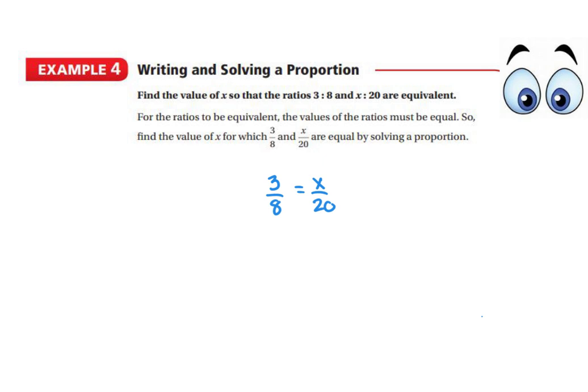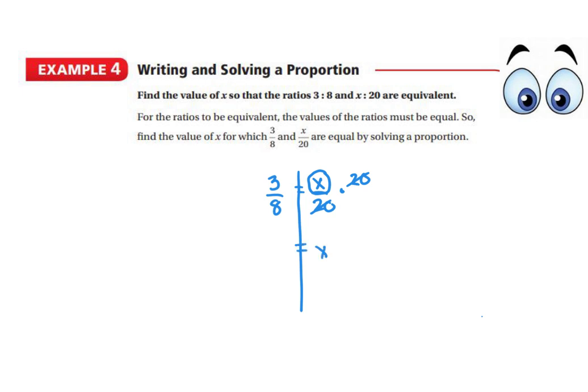So what that means, if it says by solving a proportion, is we need to look at this as an equation, and we need to solve for x just like we did in chapter 4. So we'd multiply by 20. 20 divided by 20 is 1, so you're just left with x.